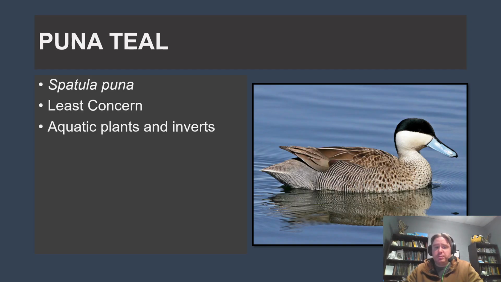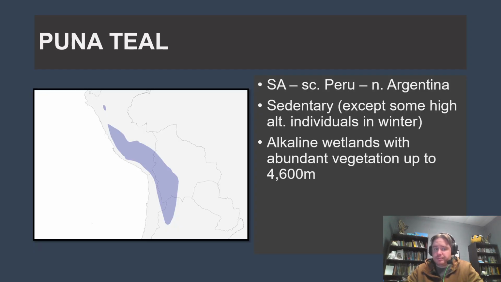The puna teal, Spatula puna, is a species of least concern that eats aquatic plants and invertebrates. It is found essentially in south central Peru, down into northern Argentina, also in Bolivia and Chile.